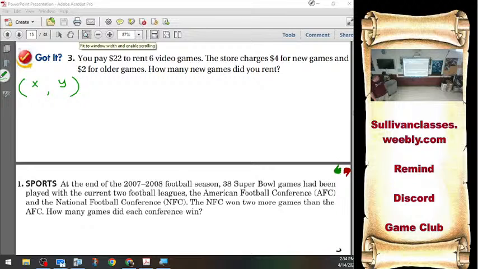How many new games did you rent? Okay, so what's the thing that goes against new games? What are the two things? New games and old games. Okay, so how do you want to set it up? New, old. New games, old games.